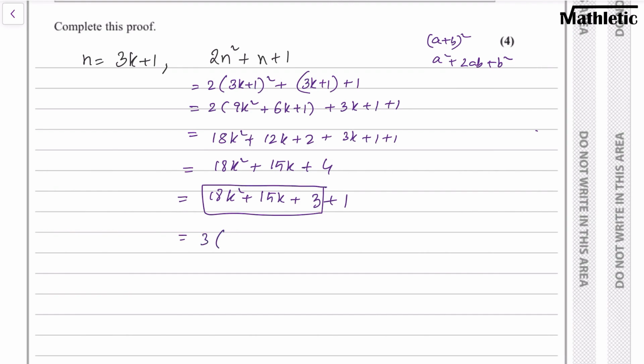So if I select 3, this is 3(6k² + 5k + 1). So this portion is a multiple of 3. So if you add plus 1 with a multiple of 3, you will get something which is not divisible by 3, because it's not a multiple of 3.